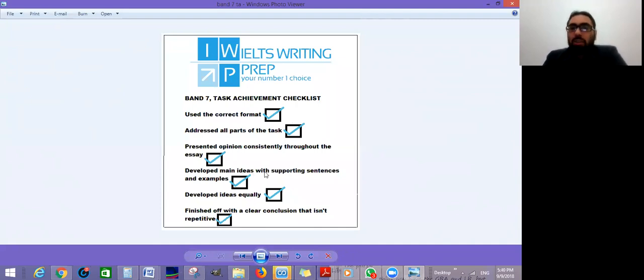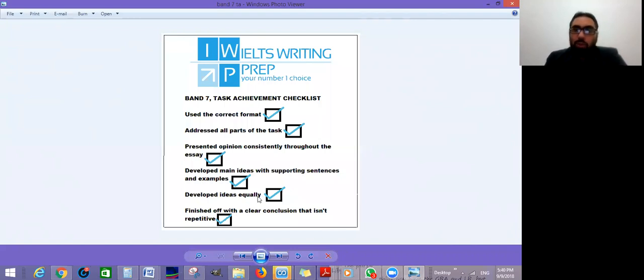Develops main ideas. When we say develops ideas, we give reasons for why somebody has a specific idea or why we have a specific opinion. Then we have develops ideas equally. So the band descriptors ask that we cover our ideas equally.